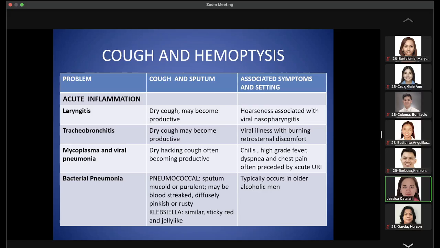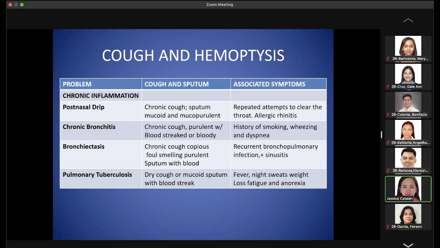With tracheobronchitis, of course, usually ang characteristic ng cough nila, burning with retrosternal discomfort, no? So, yung characteristic nasa sternal side. And with pneumonia, since it's an acute inflammation or infection, usually is associated with high-grade fever.